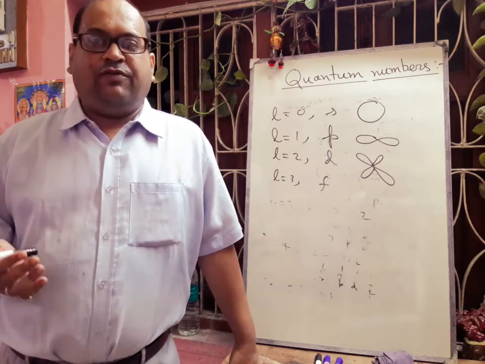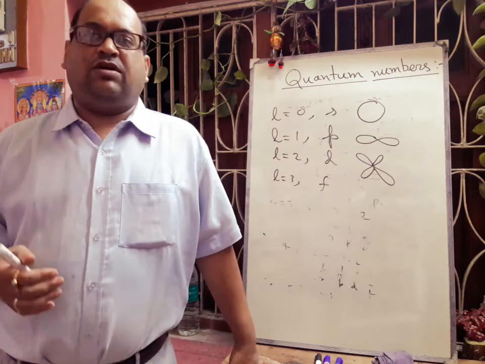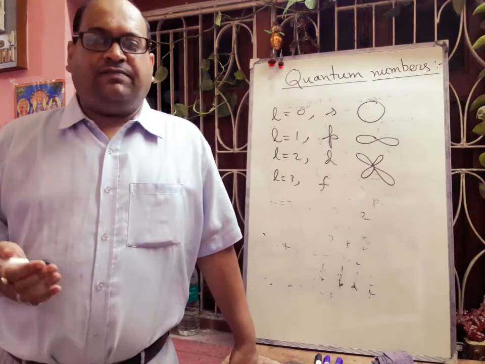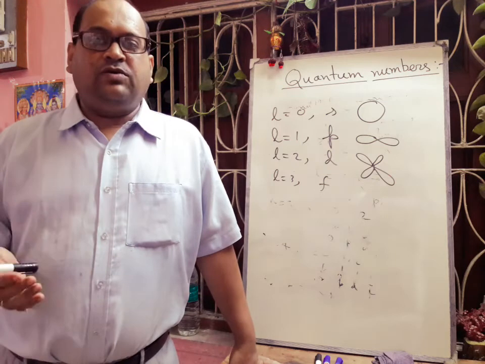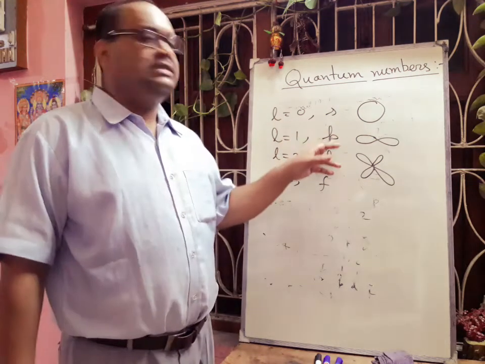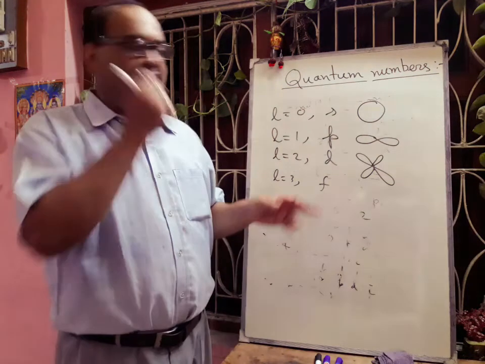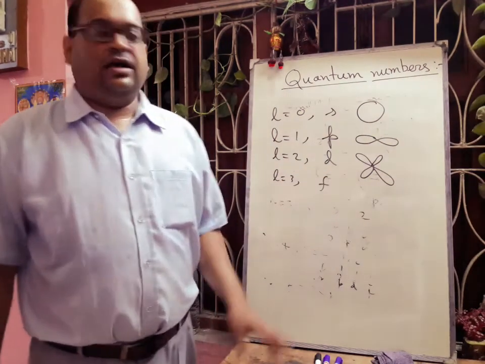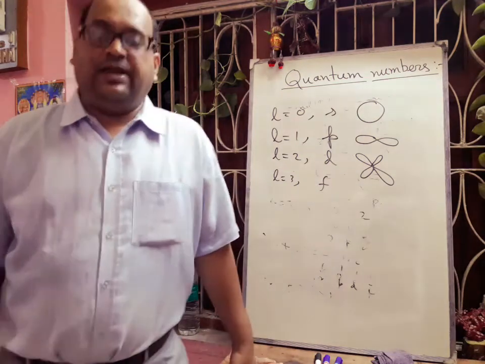In this spectrum, 4 series of lines were observed, termed sharp, principal, diffuse and fundamental. So s comes from sharp, p comes from principal, d comes from diffuse, and f comes from fundamental.